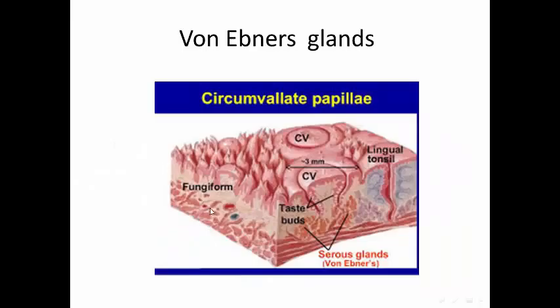The mucus secreted onto the surface of the tongue is formed by the von Ebner's glands and other mucus cells that produce the mucus.